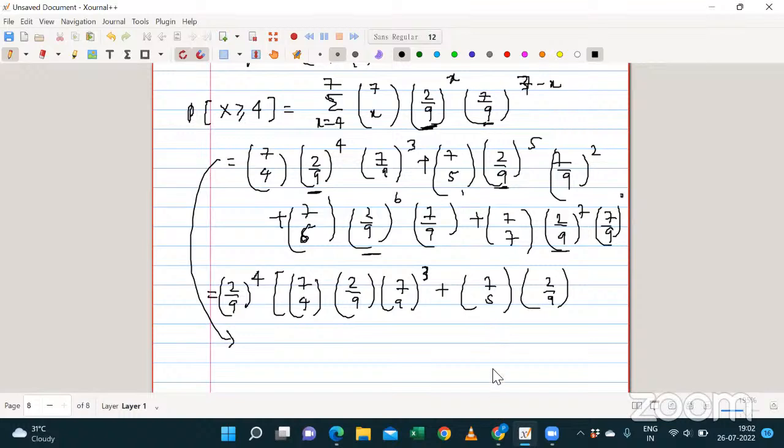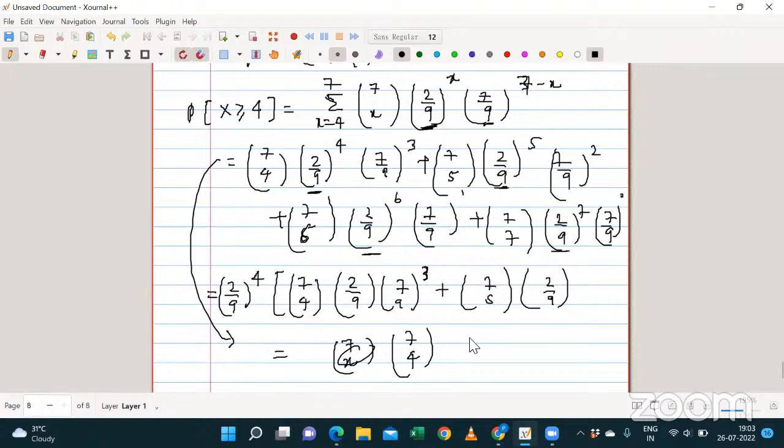We can write the summation from x equal to 4 of 7C4, then 2 divided by 7, 0.6 to the power of x.